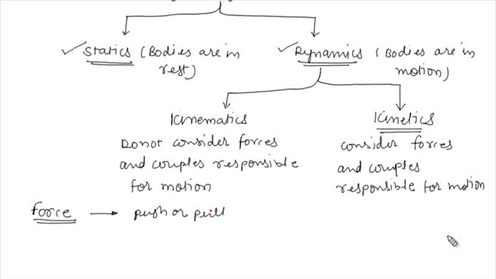Or on the basis of the effect of forces, we can also define it. If the body is in motion or at rest, then for changing the state of the body we require some external agent. This external agent is nothing but force.